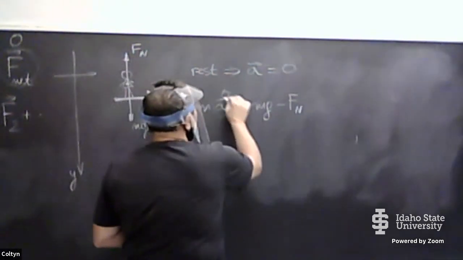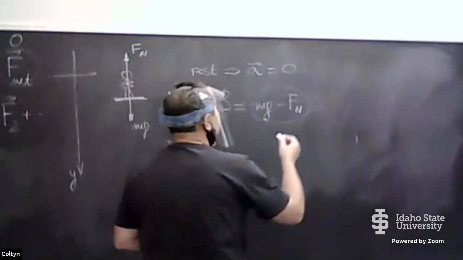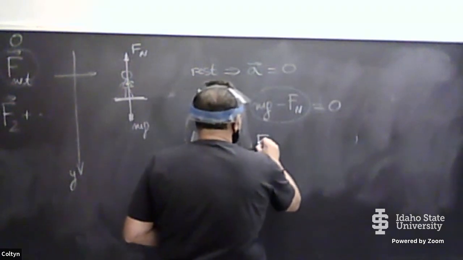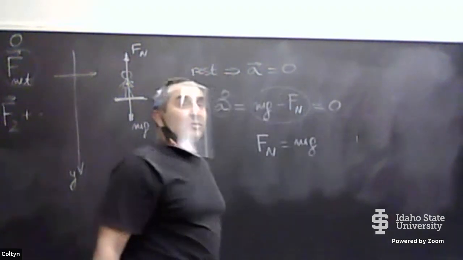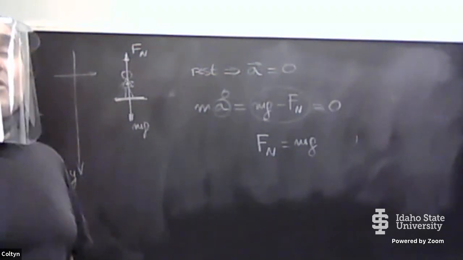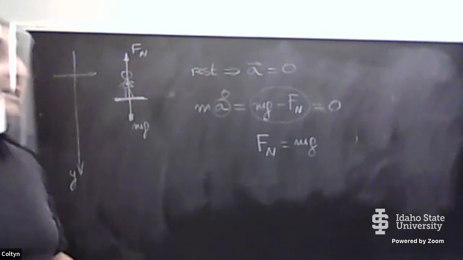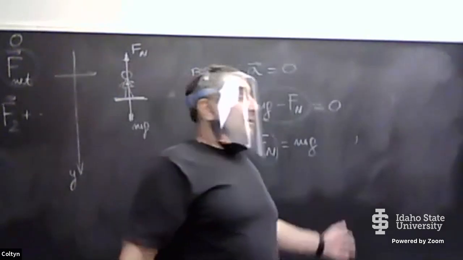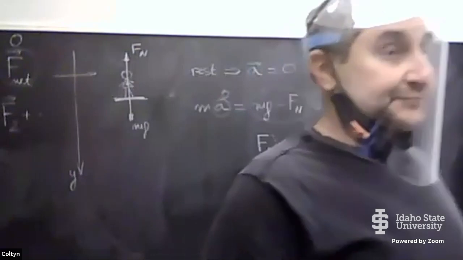If this is 0, it follows that the right-hand side of the equation also must be 0. And therefore, the normal force is exactly equal in magnitude to the weight, to the gravitational force mg. So in this situation, you feel your normal weight because what you feel is the normal force, and it happens to be exactly your usual weight.